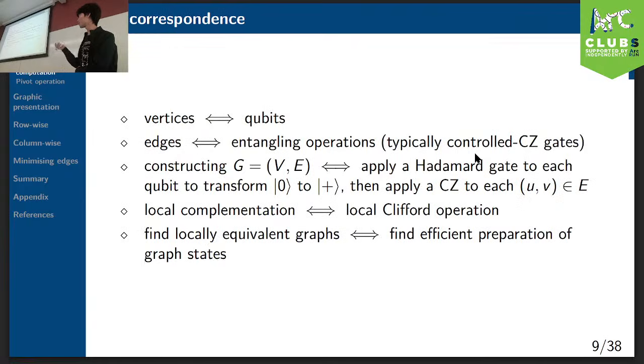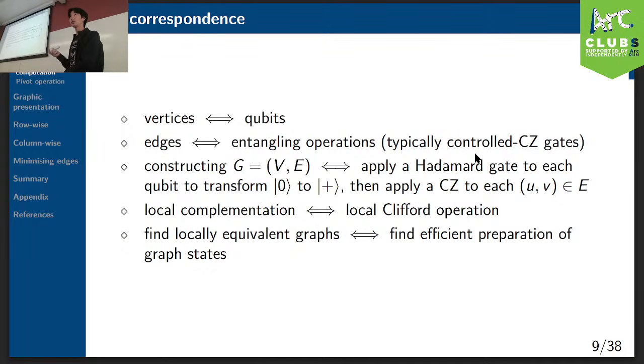In particular, you have the correspondence that vertices of a graph are like the qubits in your quantum circuit. And when you entangle qubits, this is like adding edges to your graph. But importantly, if you put a locally equivalent graph, like a graph that you can get by a sequence of vertex inversions, instead of your original graph, the result of the computation is going to be the same.